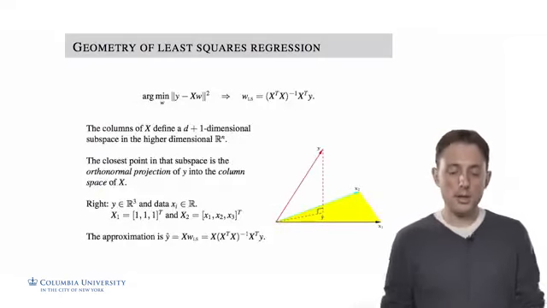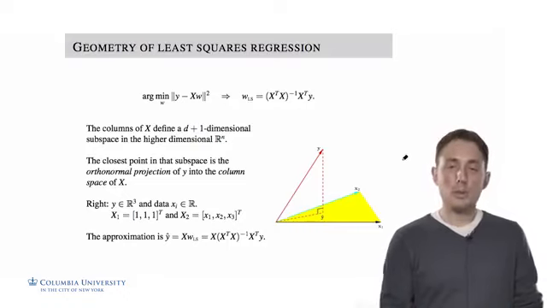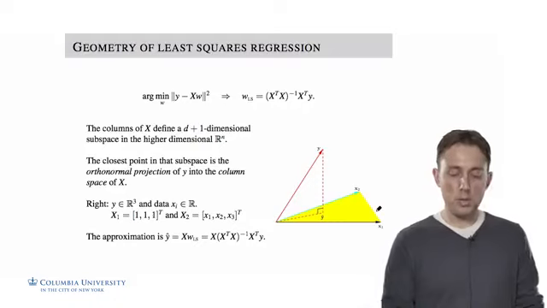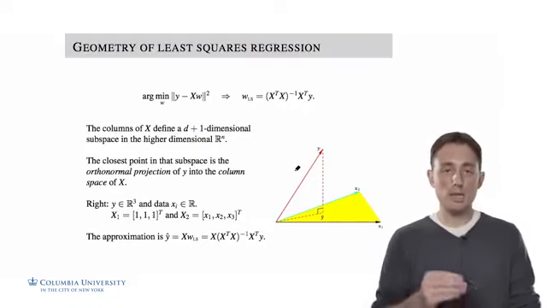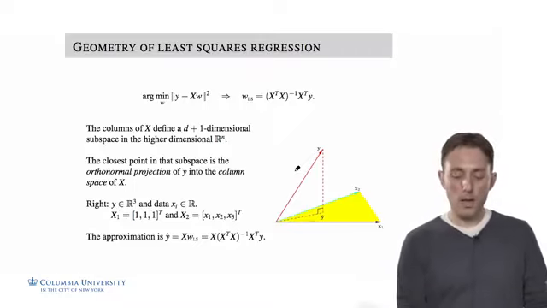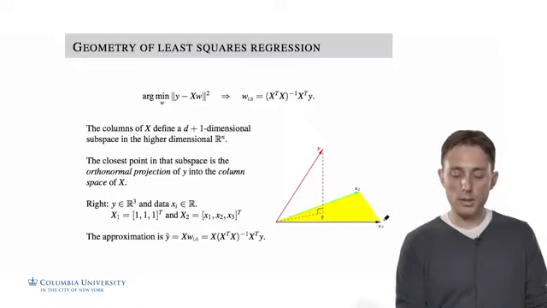So here's an illustration of that. In this case, because I'm trying to show it, we can only show it for 3 observations. So y is a vector in R3, meaning that we have three data points. x1 is the vector of 1s, the first column of X. So this point here would be 1, 1, 1 in R3 according to some axis.